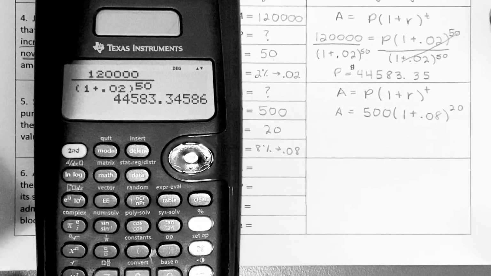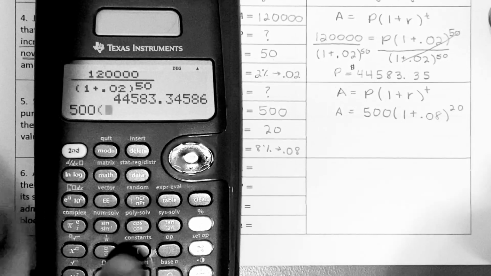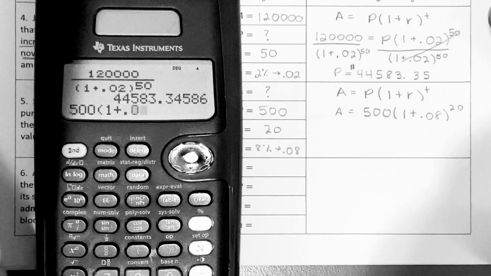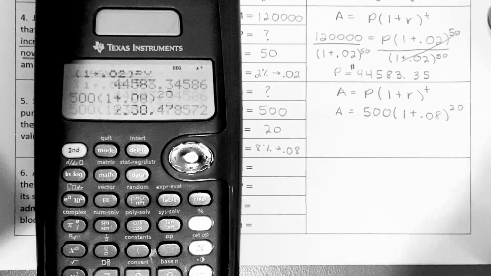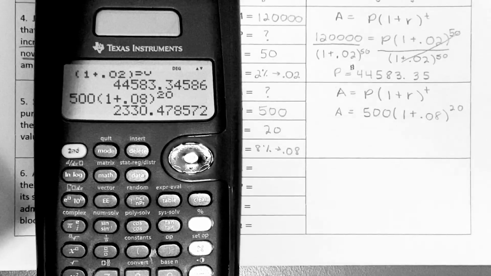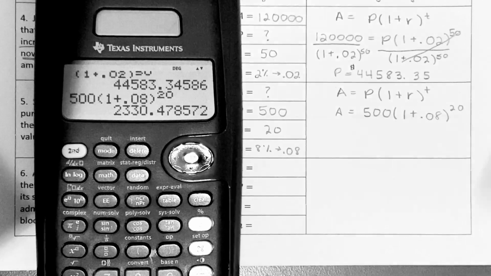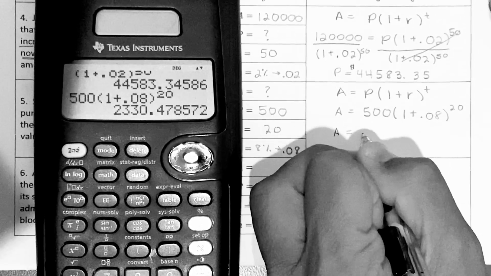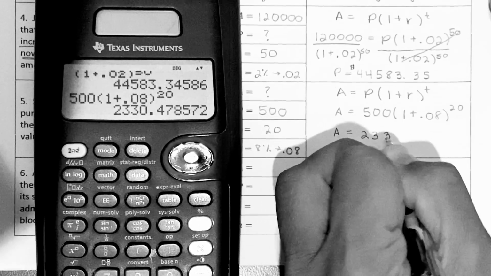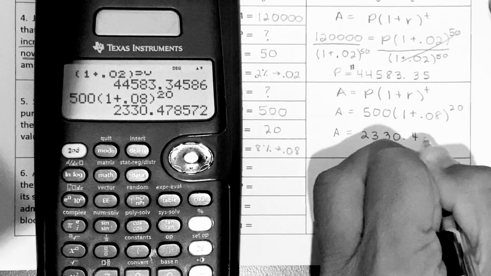Plug it into my calculator. 500 times (1 plus 0.08) raised to the 20th power. So make sure you use that exponent button. If you don't, then the answer obviously will not be right. So her ring right now is worth $2,330.48.